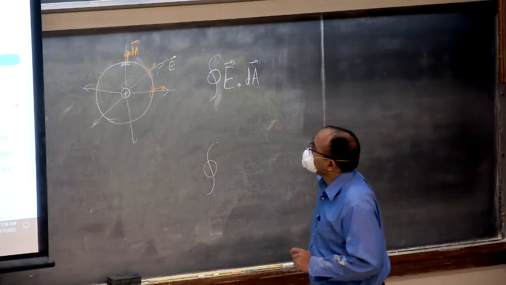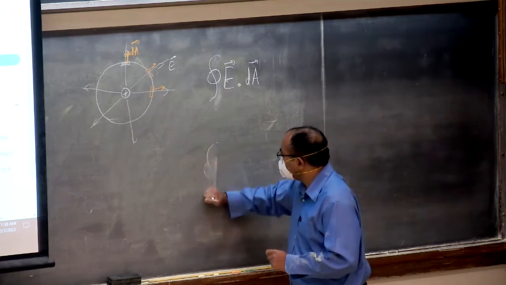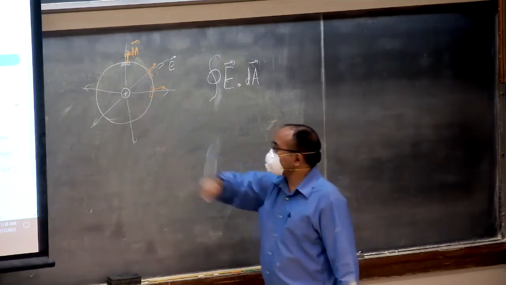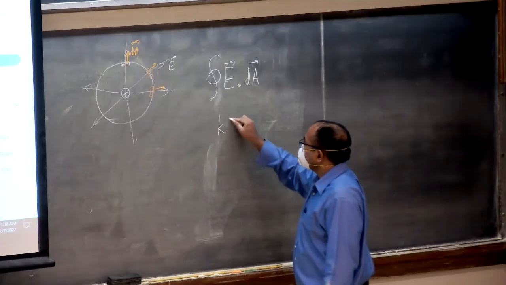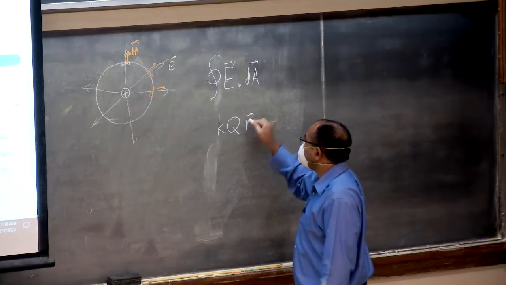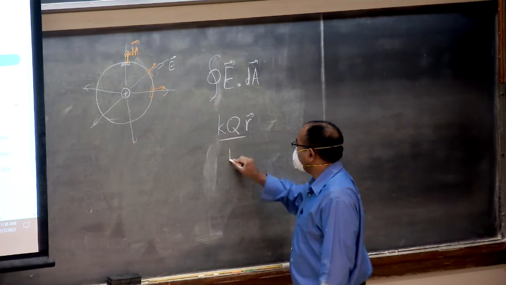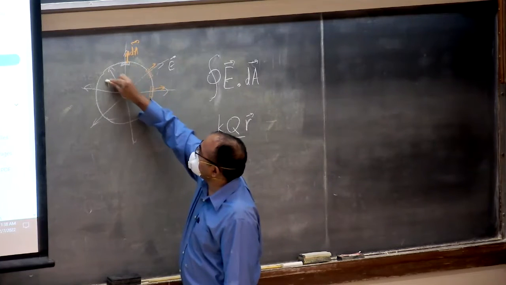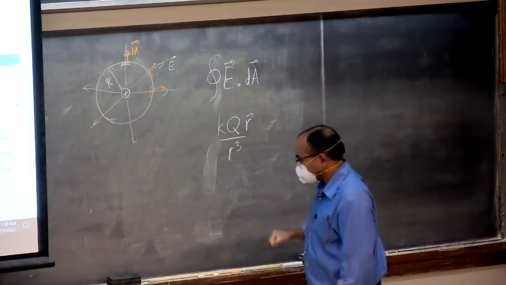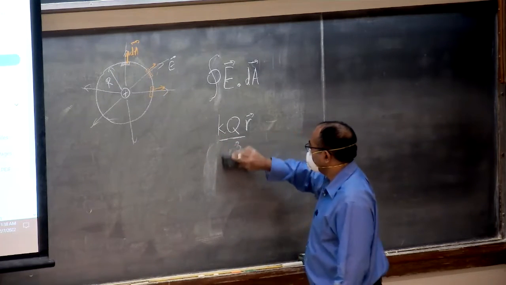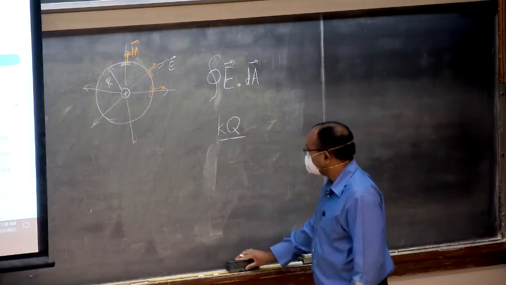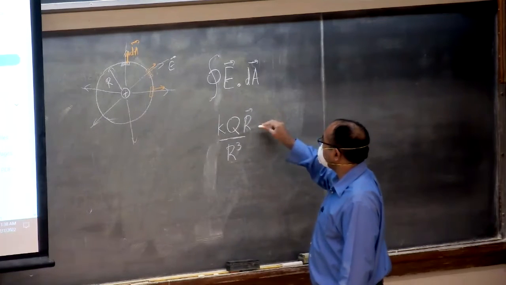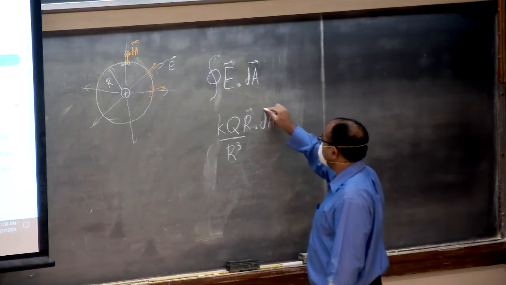One second. So in this case, what would we do if we were calculating the flux? If the charge is right here in the center, we know that the field would be, in general, this. But let's say that this has a radius capital R. So you could specialize this to kq over R cubed, this R vector, dotted with dA.